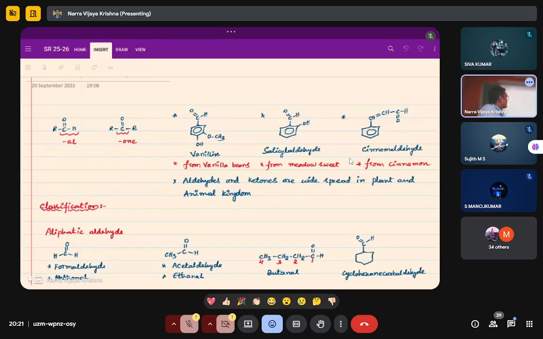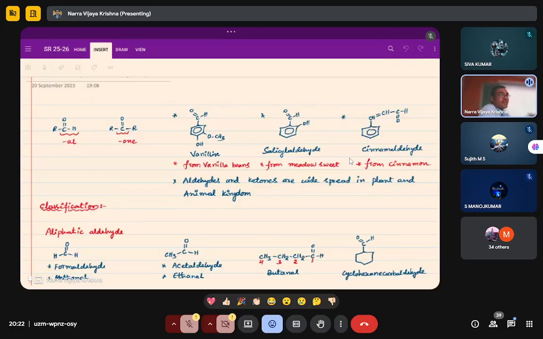Vanillin. Then salicylaldehyde, which is also from meadowsweet. That is a plant, white colored. It is not a flower also. You have that good smell, sweet smelling, so from meadowsweet.